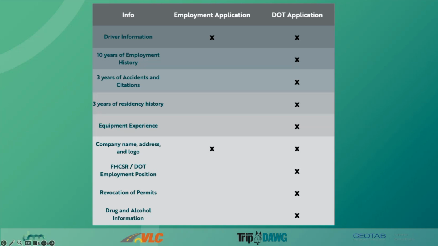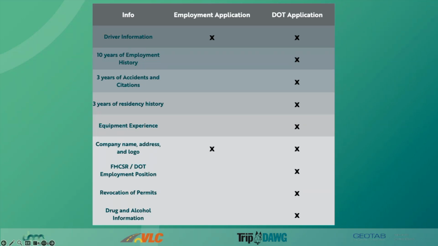HR regulations are their own expertise in their own way. They have to follow certain regulations federally and state to make sure that they're meeting HR requirements. And unfortunately, the people who set HR regulations and the people who set DOT regulations don't have weekly touch base meetings to get on the same page.